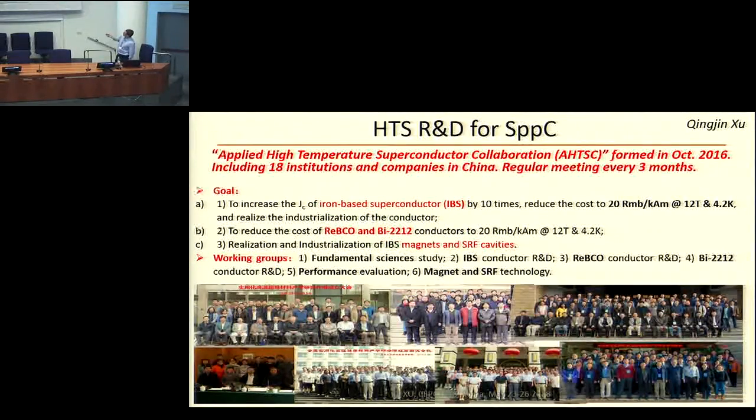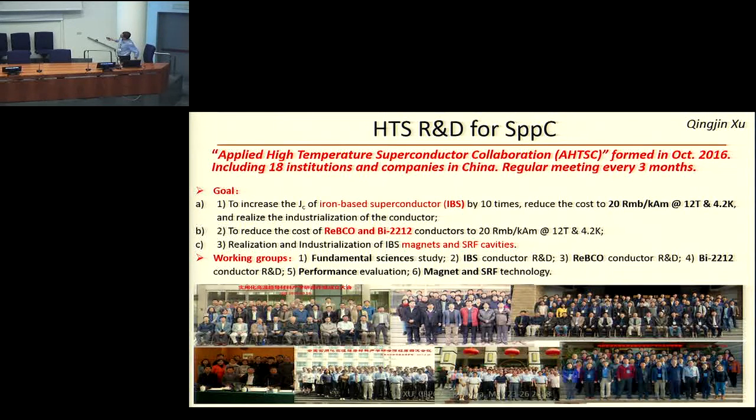For the high temperature superconductor magnet, the applied high temperature superconductor collaboration was formed in October 2016, including 18 institutions and companies in China.